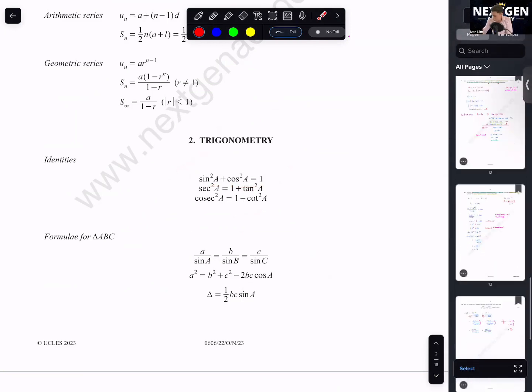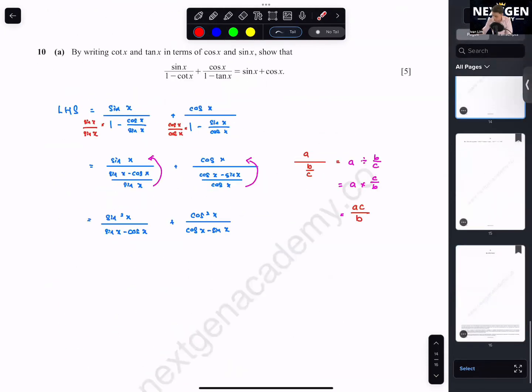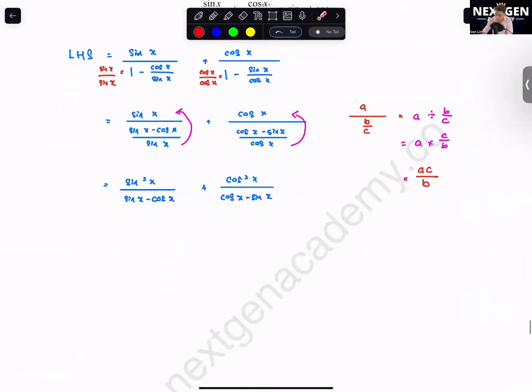Okay, so this is what I will do. I'll join both the fraction together first. How to join both the fraction together? Now the bottom here is sine x minus cos x, but this is cos x minus sine x. Question is, can I make this to sine x minus cos x? Can, right? Okay, I'm going to multiply by negative 1 over negative 1.